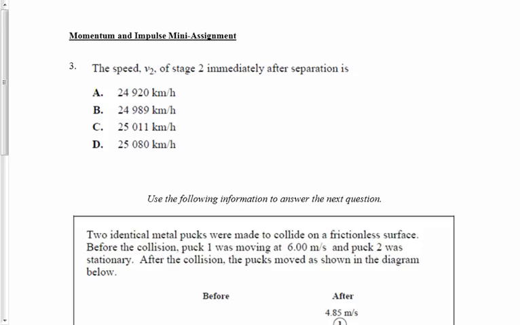This thing was moving at 25,000 to the right, and object number 2 is pushed to the right. It's not going to be going slower than 25,000, right? It's going to be going faster. How much faster? I wouldn't have been able to make a good guess between C and D. It would have been a 50-50 guess without actually crunching the numbers. Hey, but 50-50 is better than 25%, right?